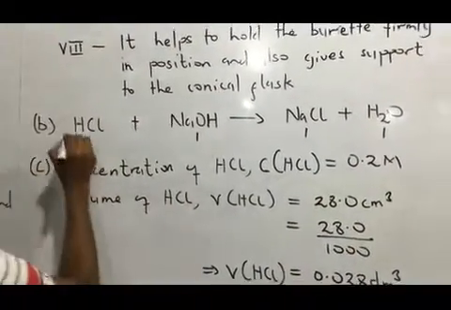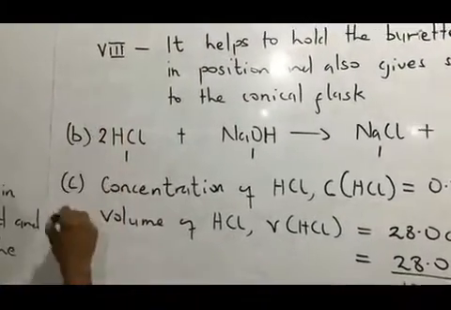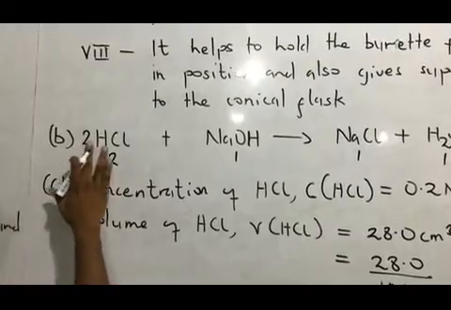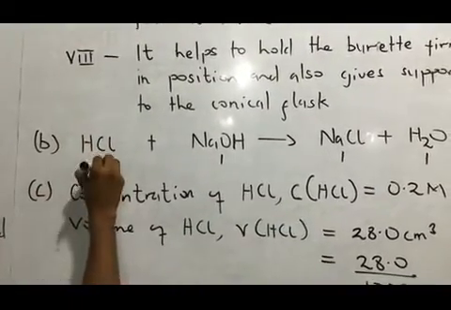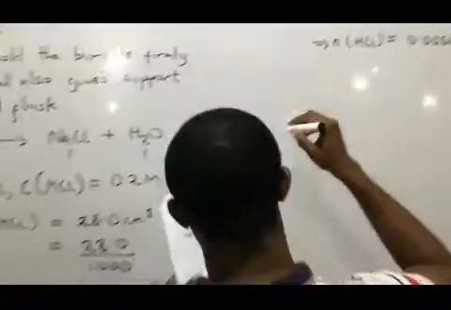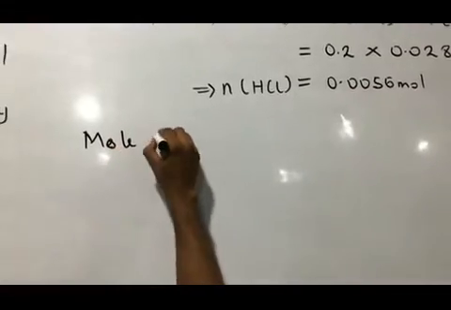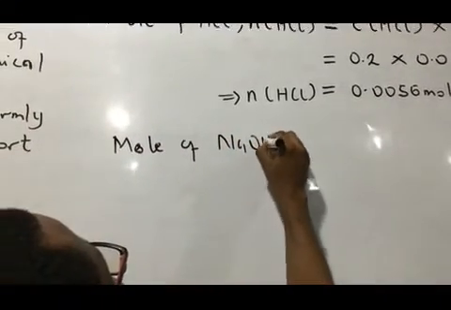What does it mean? If, for instance, there is 2 here, then the mole ratio of the HCl becomes 2. But because there is no value, the mole ratio is 1. So we are supposed to look for the mole of the base, NaOH.